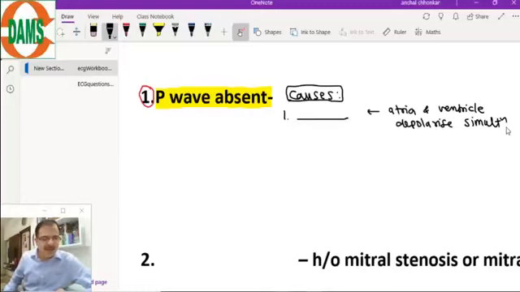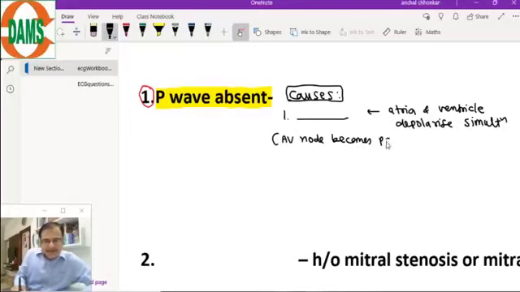This is one of the rhythms. This rhythm occurs when the AV node becomes the pacemaker. Yes, this is known as the junctional rhythm. So the first cause is junctional rhythm.